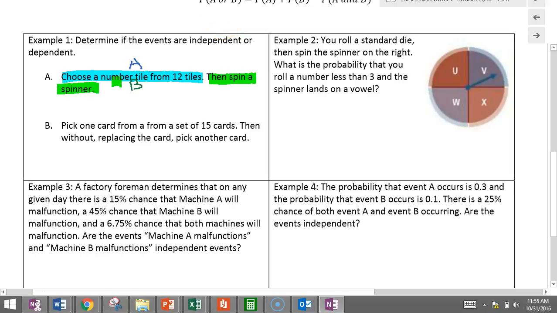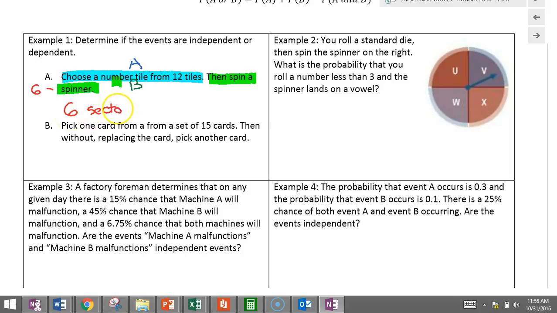We don't really know how many spots there are on a spinner, but we'll just pretend. Let's say our spinner has 6 different spots. So when we start, before I do anything, my spinner has 6 sections. Once I choose that number tile, has my number of sections changed?